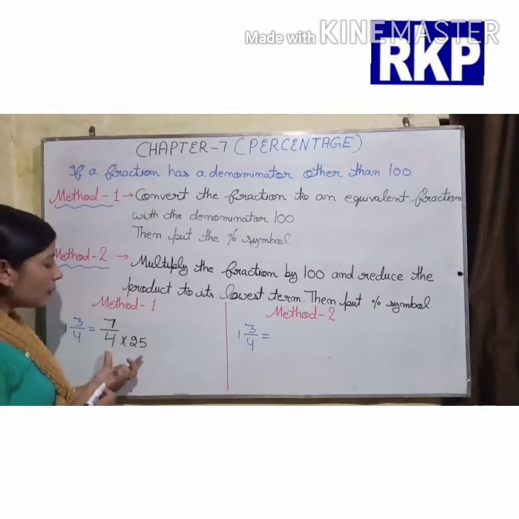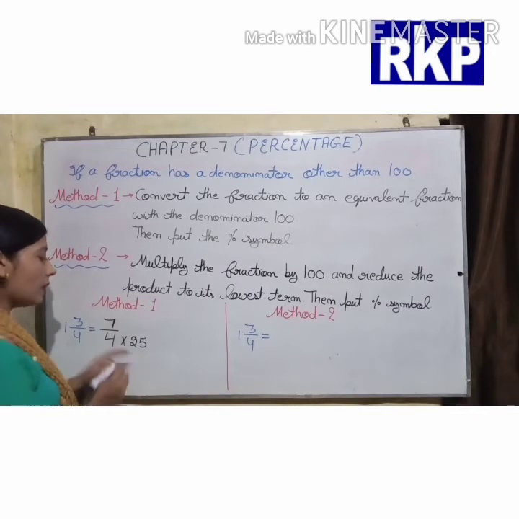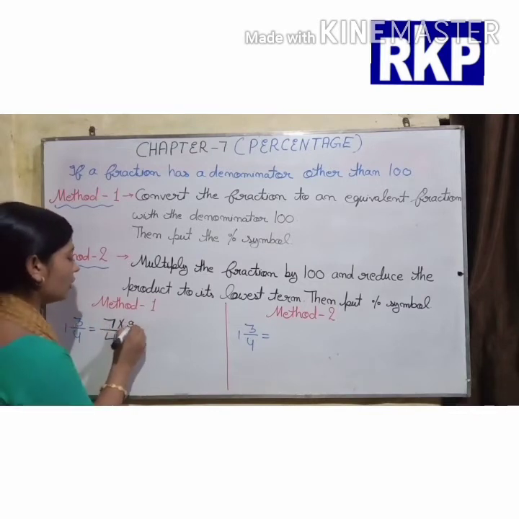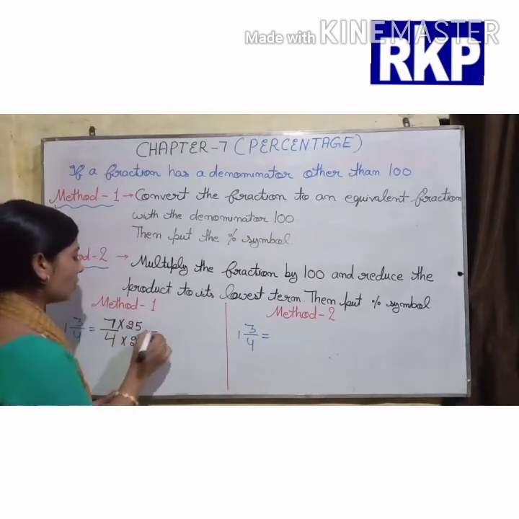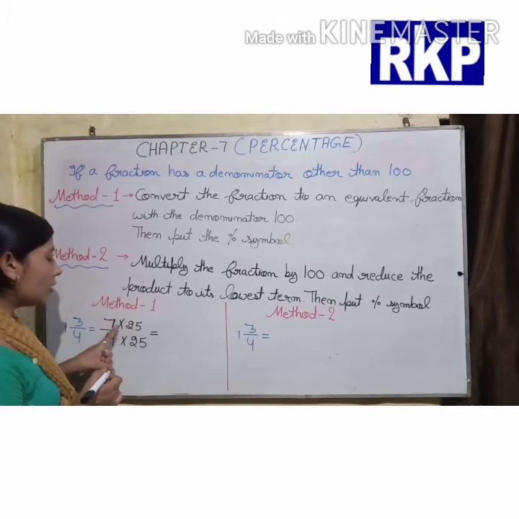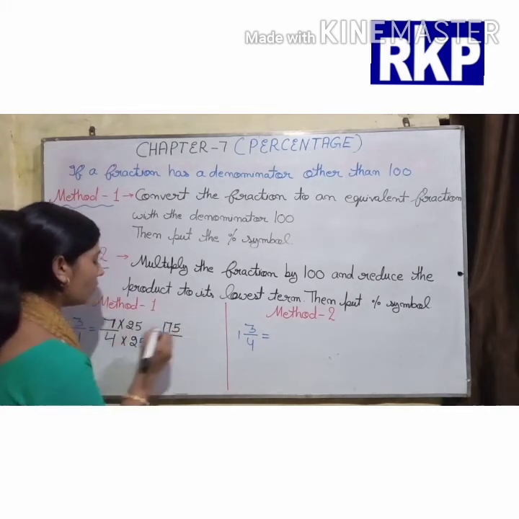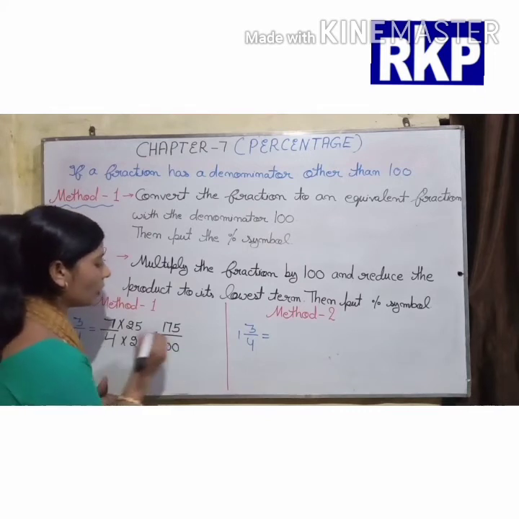But beta, if we multiply the denominator with 25, then we need to multiply the numerator also with 25 to get an equivalent fraction. So now if we multiply 7 with 25, we get 175. And if we multiply 4 with 25, we get 100.